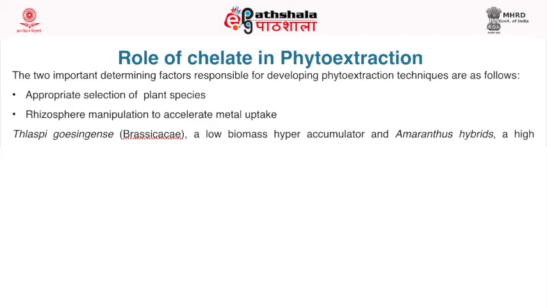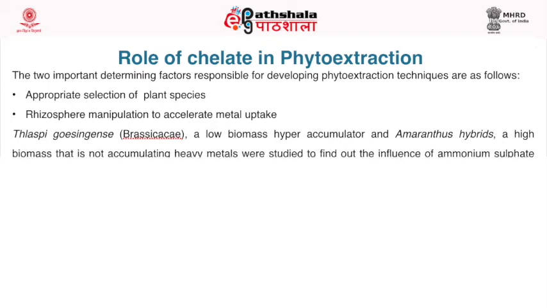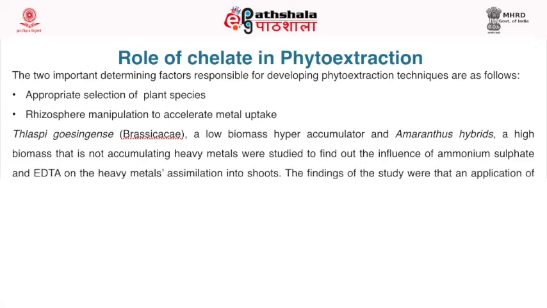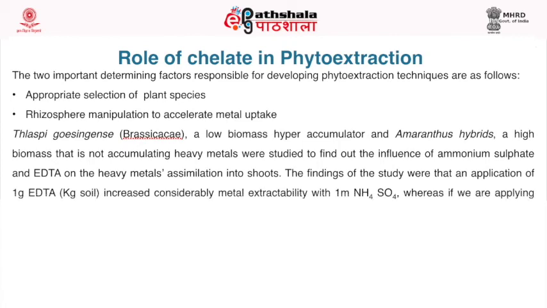Thlaspi, a plant of the Brassicaceae family and a low biomass hyperaccumulator, and Amaranthus hybridus, a high biomass plant that does not accumulate heavy metals, were studied to find out the influence of ammonium sulfate and EDTA on heavy metal assimilation into shoots.